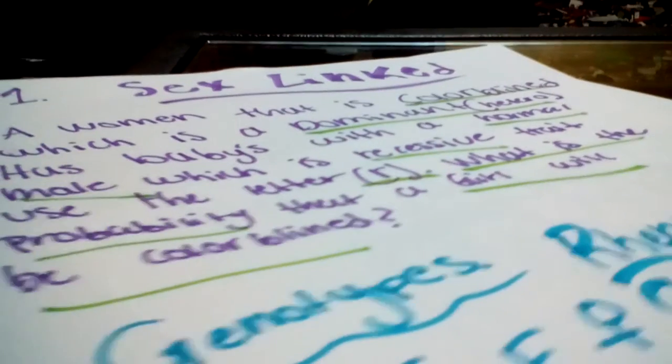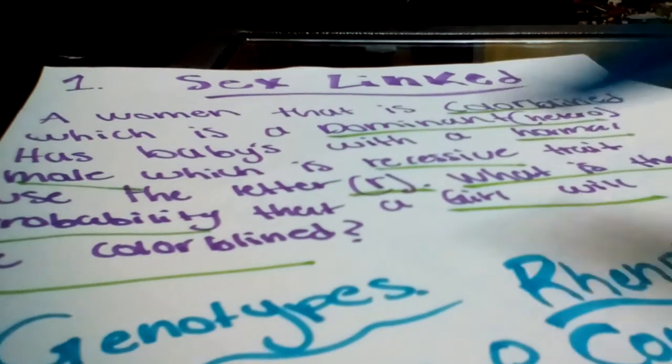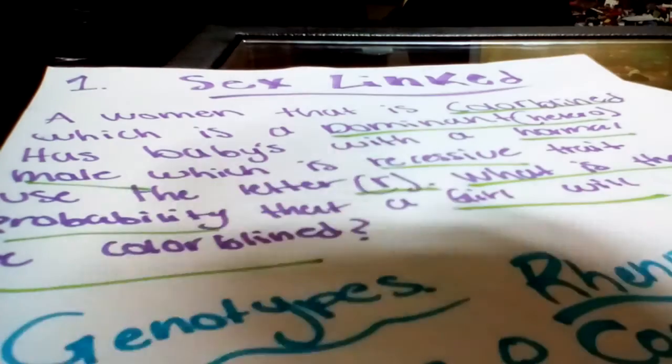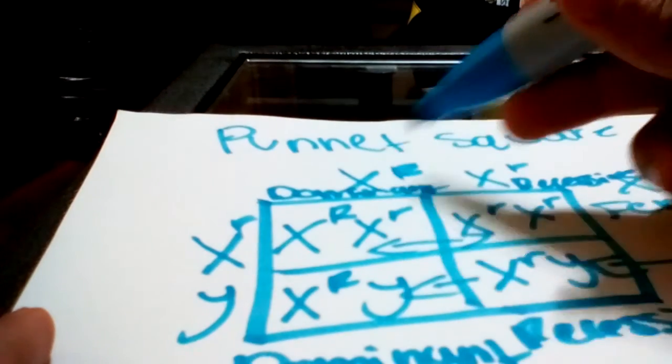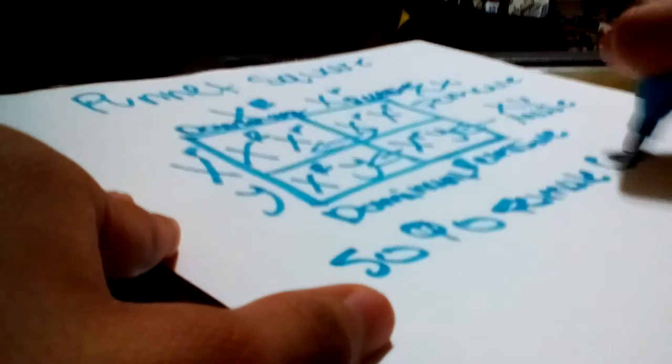And if we go back to our question, it said, what is the probability that a girl will be colorblind? And colorblind, if we look up here, is dominant. So if we look up here, our female, our girl, is dominant right here. That means there is 50% female colorblind.